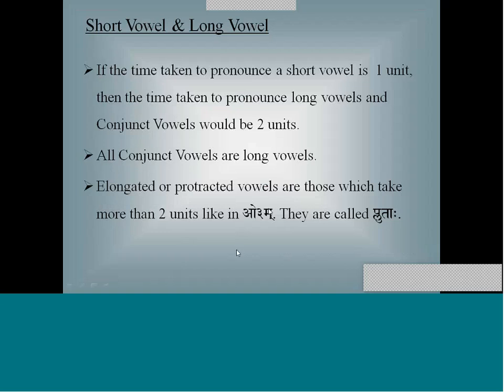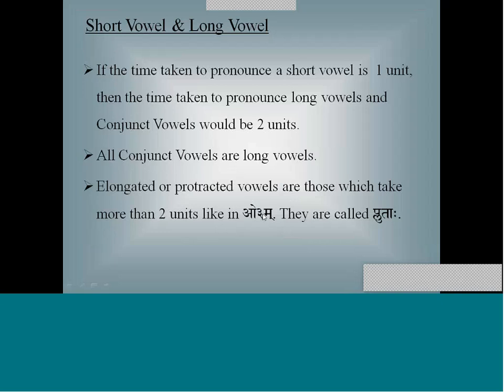Like in Om, you can see the Om is there. Unless it is specified like this, Om, and after O, you see the letter 3 is there. This is just an example. So 3 means it is the Saṃskṛta numeral 3, what you see. Elongated or protracted vowels are those which take more than 2 units, like in Om.